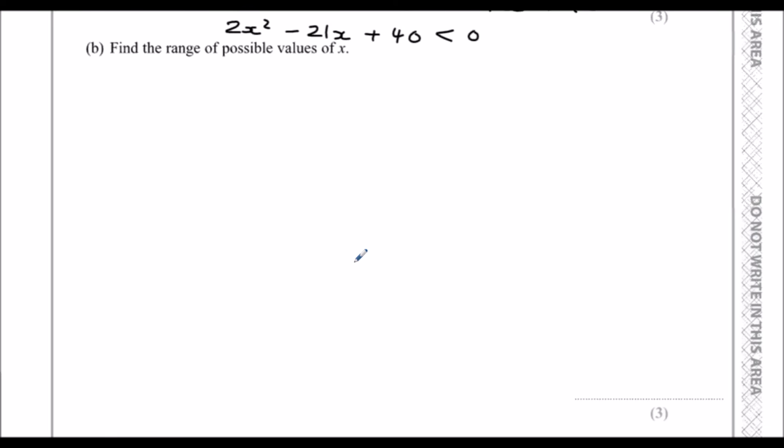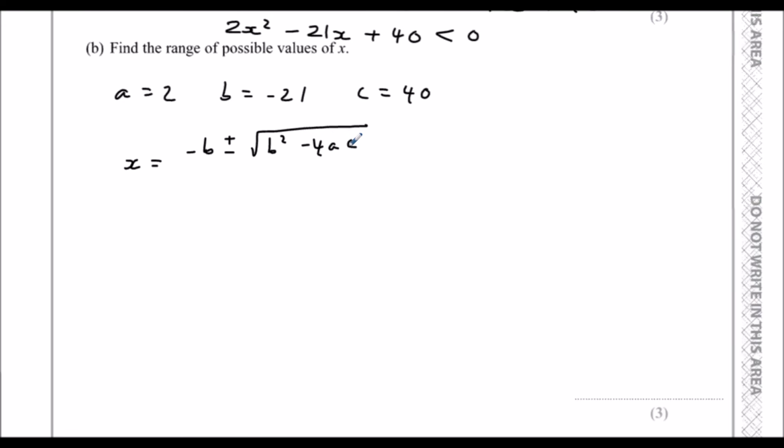I don't know if it factorizes, so we could just use the quadratic formula. a is 2, b is minus 21, and c is 40. And the quadratic formula says x is equal to minus b plus or minus the square root of b squared minus 4ac, all over 2a.